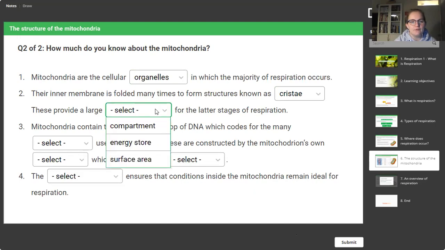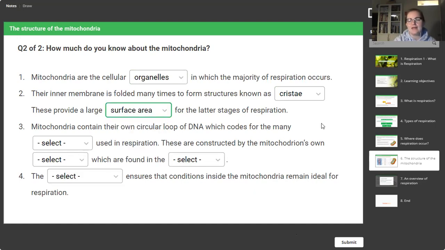And these cristae provide a large surface area. Again, that thing in biology that we always go back to. If we've got folding, such as in villi, in cristae, it's for providing a large surface area. It increases the rate of reactions. So these provide a large surface area for the later stages of respiration to occur.